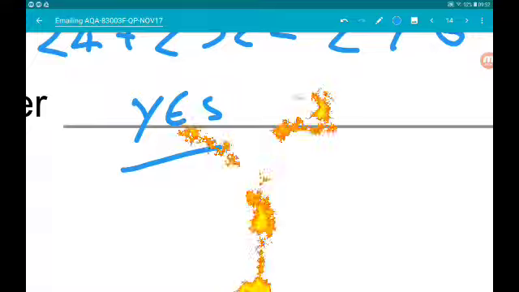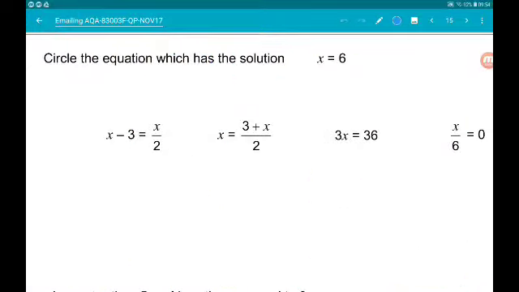Cool. Okay, 17, we want to circle the equation which has the solution x is equal to 6. So, for this, we could either solve each equation or substitute in x equals 6 on both sides, and what we need is to get the same answer on both sides.